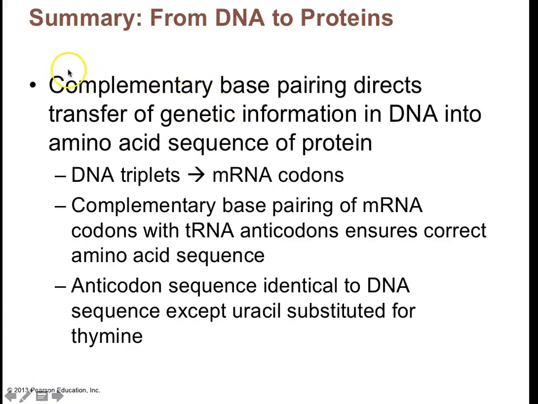So here's a summary slide. When your A binds with T and your G binds with C, that's called complementary base pairing, and that is going to direct the transfer of the genetic information in the DNA eventually into an amino acid sequence of a protein. So you take your DNA, you make a messenger RNA, and then the message goes out to a ribosome.